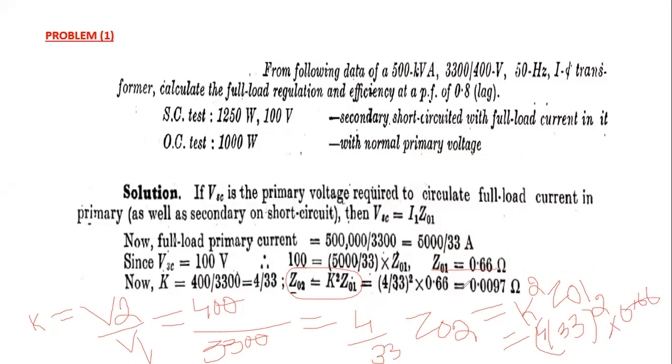Therefore, this will be obtained as 0.0097 ohms. That is the equivalent impedance referred to secondary. Understand?